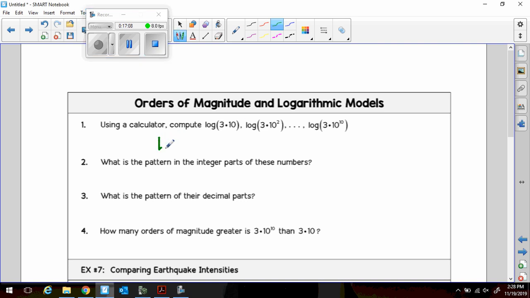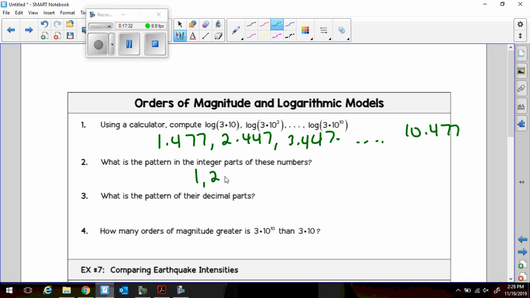I got 1.477, 2.477, 3.477, and it kept on going, and then we got 10.477. And it says, what is the pattern? The pattern is 1, 2, 3, all the way to 10. Okay, you guys can try the other two.